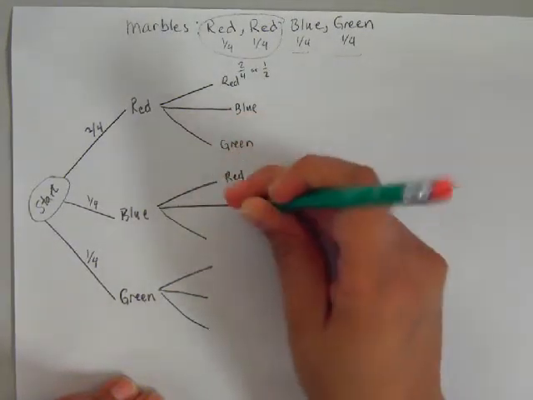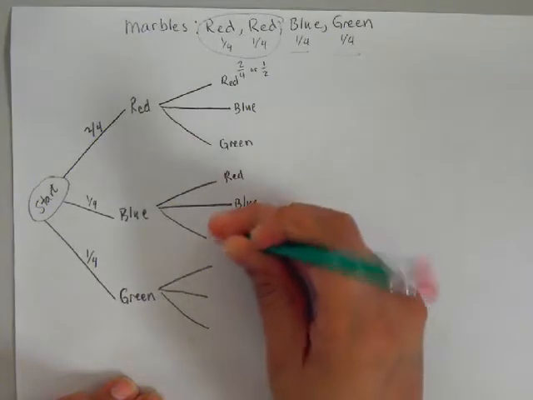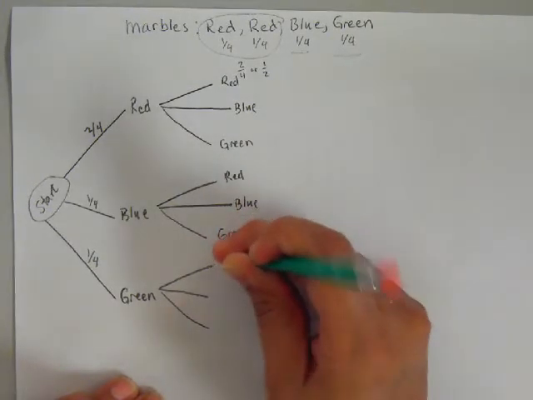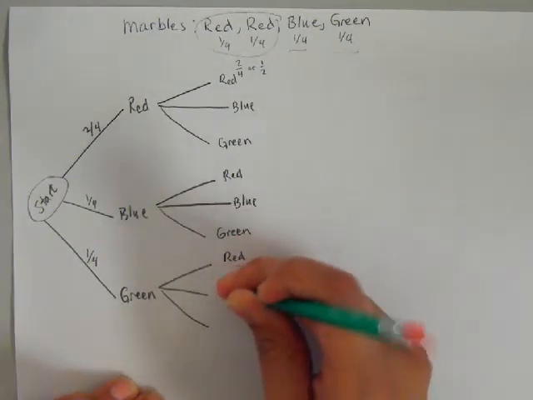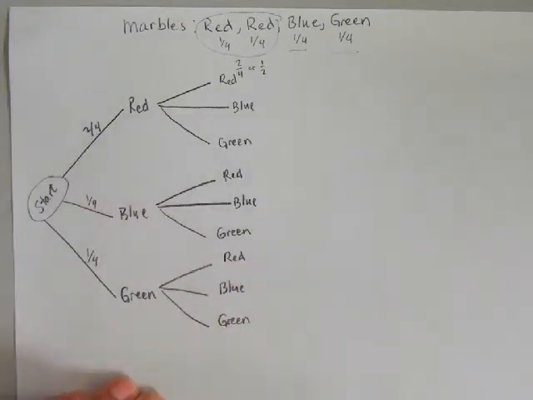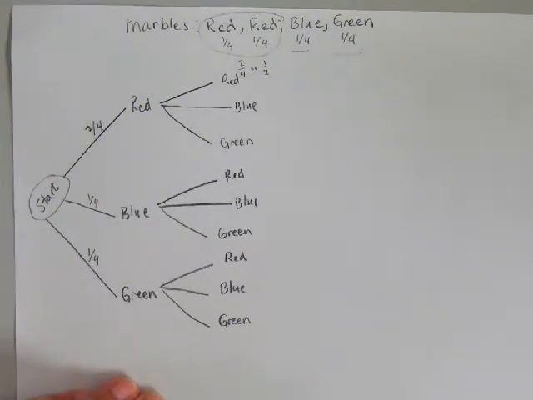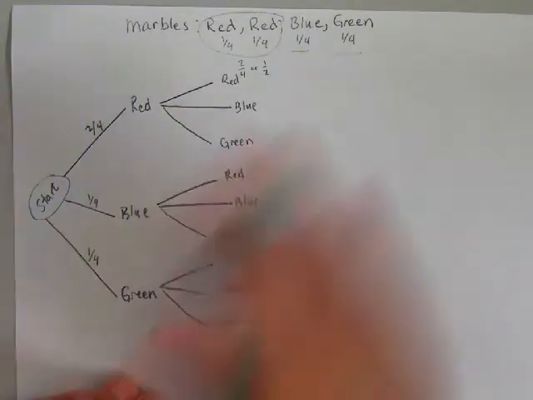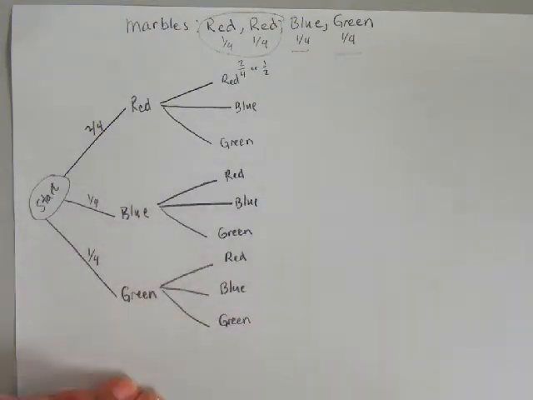Red, blue, and green. I purposely chose red, blue, green, and not blue, black, brown, because I like colors with different starting letters so that you can abbreviate them once we get really crazy into lots of different options and lots of different choices. So it makes it a little bit easier on you guys.